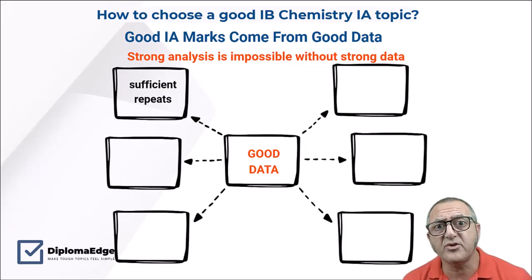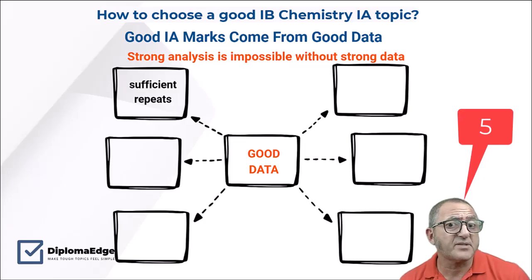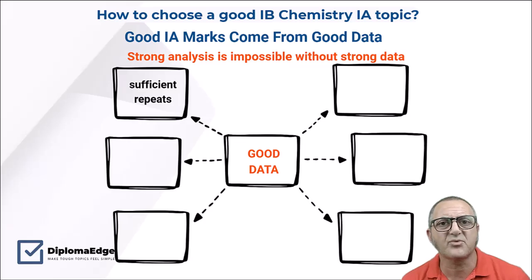We are expecting you to do more than 3, at least 5. Now, if your experiment is taking a long time and it's reasonable that you don't have the time to do more than 3, go for 3, that's the minimum. But if the experiment goes relatively quick and you have the time, at least go for 5.